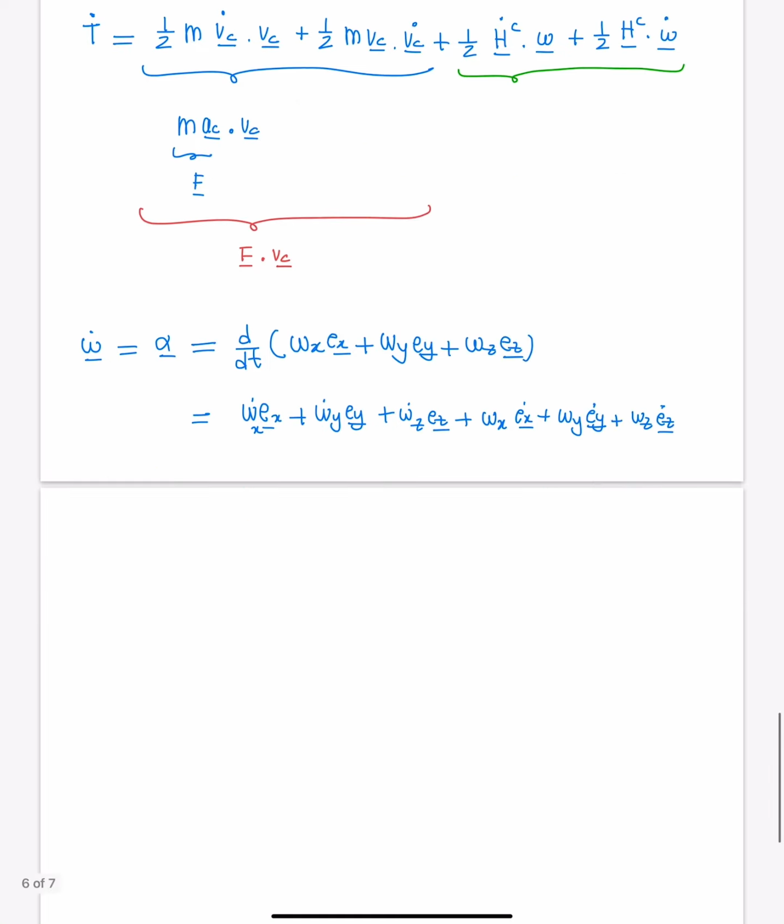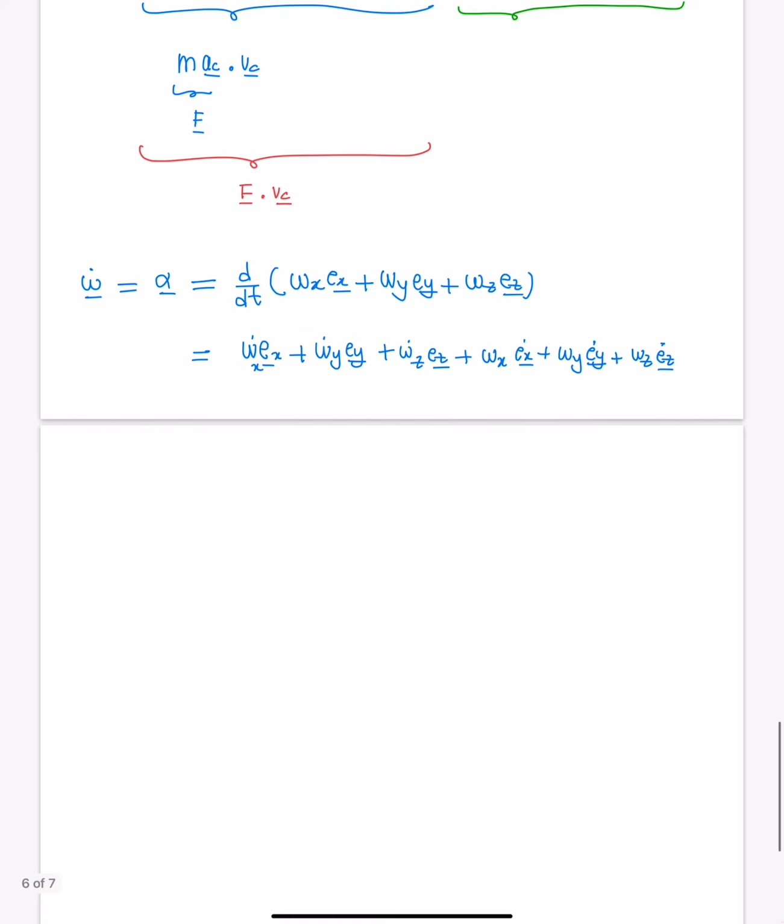Now remember, what are ex dot, ey dot, and ez dot equal to? These are just equal to omega cross ex, omega cross ey, omega cross ez. Easy. So that whole expression over here is equal to omega cross omega, and we know that's going to be equal to 0.